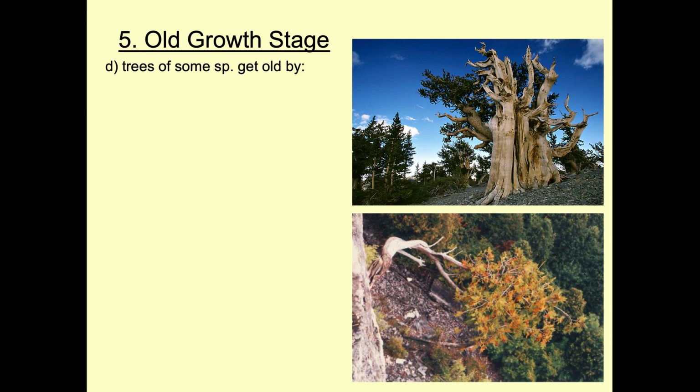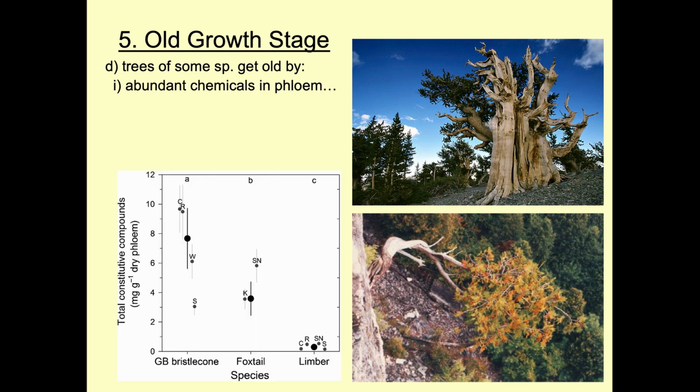Trees of some species are able to survive to be so old for 5 reasons. Number 1, they have abundant chemicals packed in their tissues, including their phloem. So the phloem, again, transports photosynthate, and it's found between the bark and the xylem.